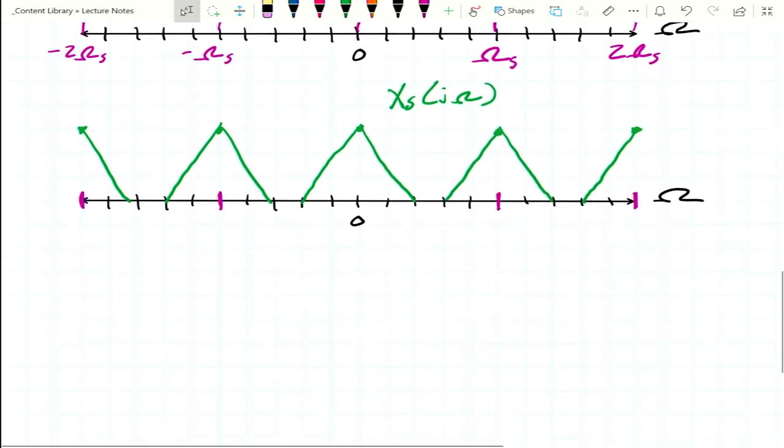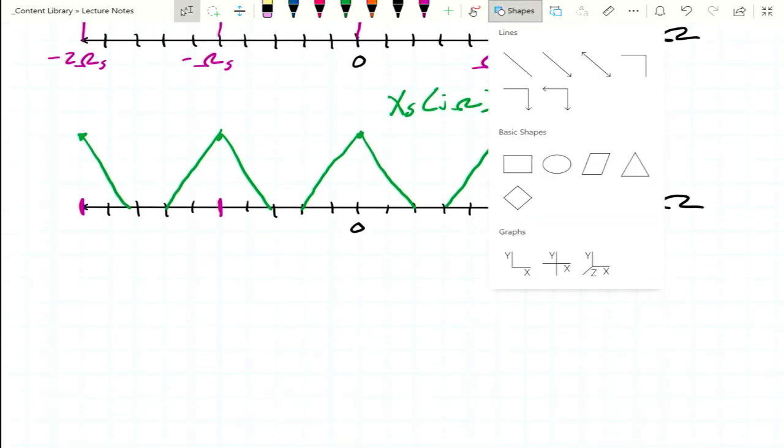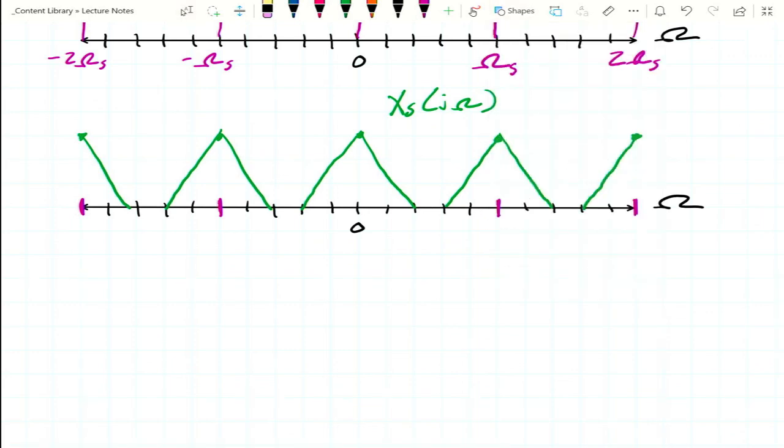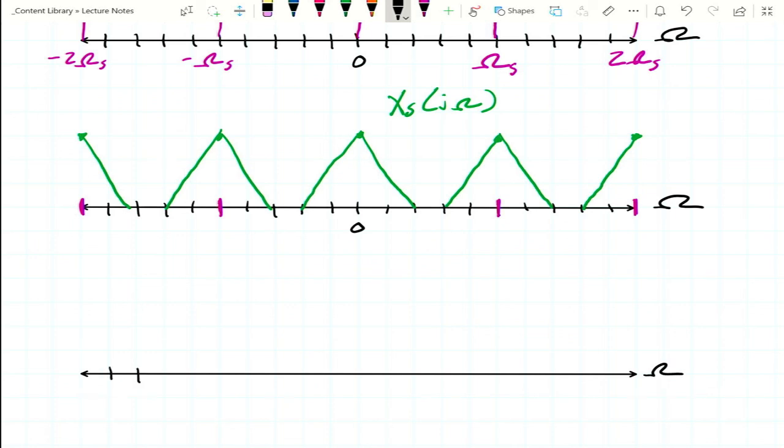So what happens if we then turn around and change our sampling frequency? Let's do a new plot. Zero.